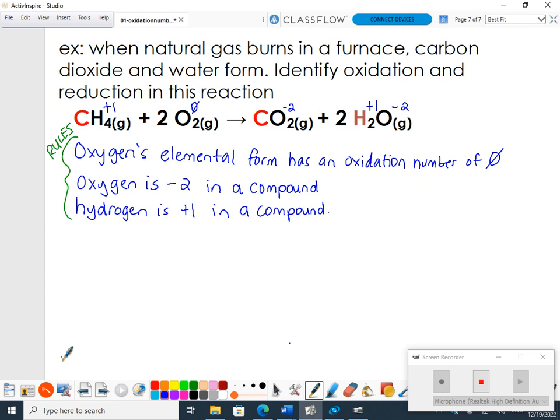No, it didn't change. That's good, because for redox, two of them have to change, and we showed that hydrogen does not change.